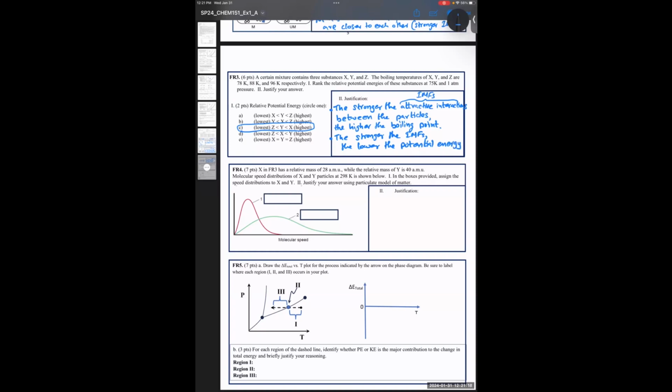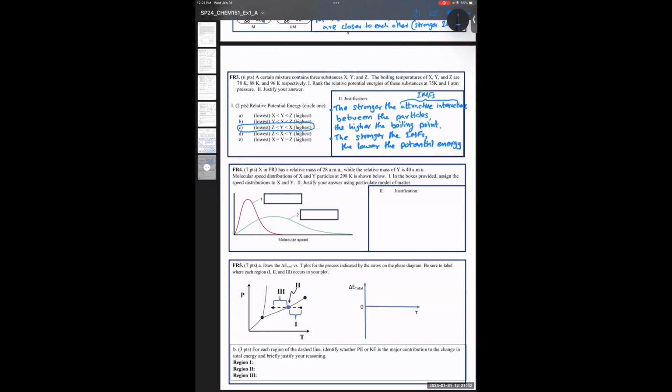Okay, so this explains why Z has the lowest potential energy, because it has the strongest attractive interactions. Now, how do you know that? Because it has the highest boiling point, and vice versa. And then X, on the other hand, has the lowest boiling point. Therefore, it has the weakest attractive interactions. Therefore, it should have the highest potential energy.